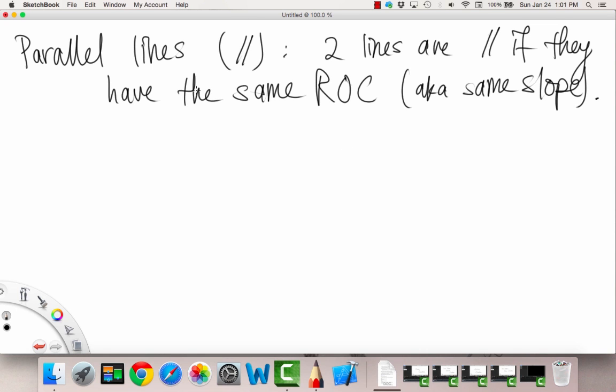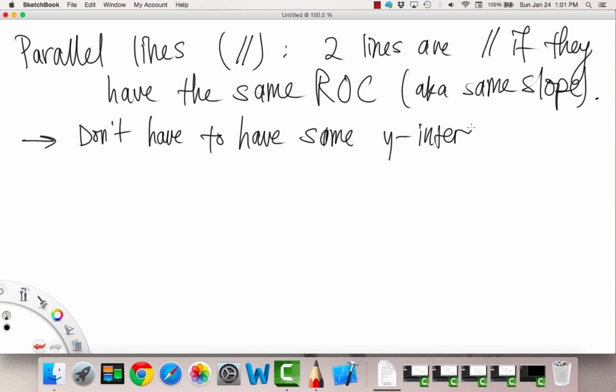They don't necessarily have to have the same b, so that's an important point to make. They don't have to have the same b or same y-intercept. They can cross wherever they want, but they just have to have the same slope.